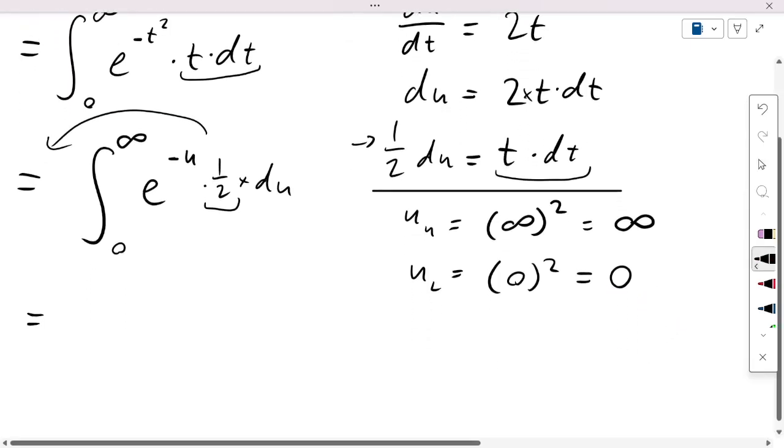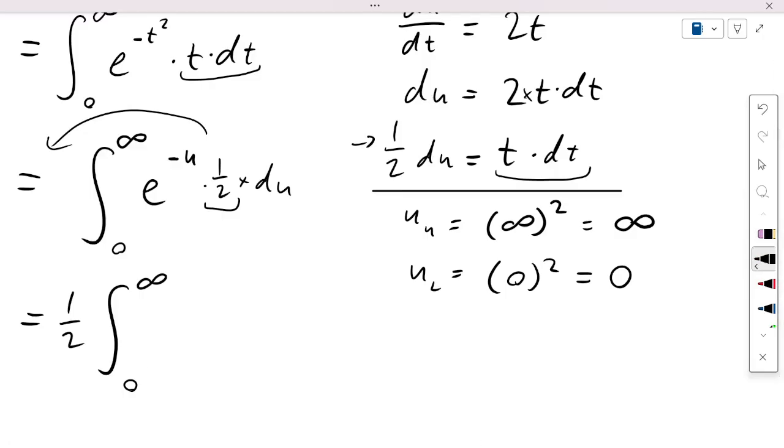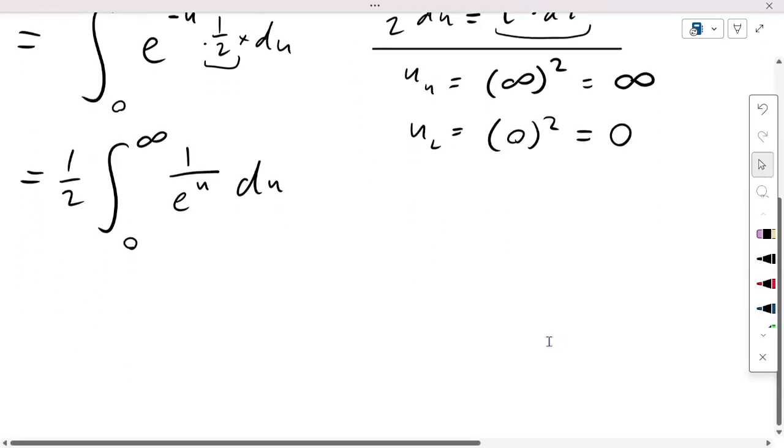It'll look like this: a half, integral with infinity as upper limit, 0 as lower limit, and then we're going to have e to the negative u, or we can actually write e to the negative u as 1 over e to the u, with respect to du. Hey, there we go. We made some progress.